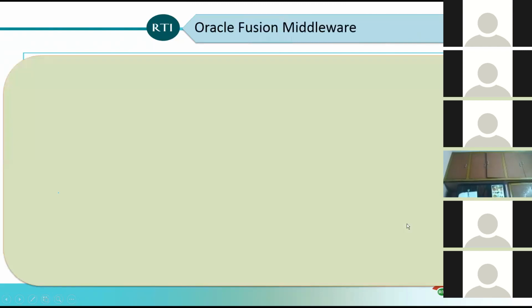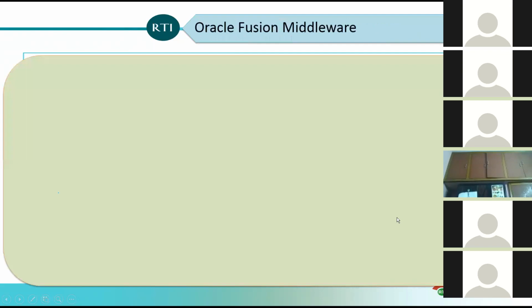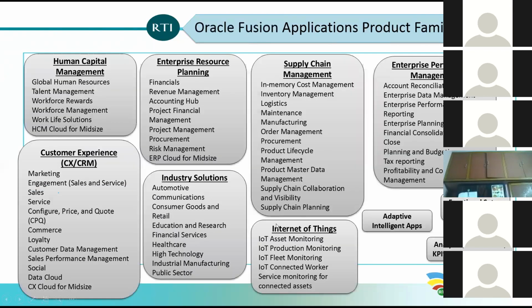Now coming to the Fusion middleware. We learned product families, and the next step is the Fusion middleware. Oracle Fusion middleware is not only for the product families. If you buy Fusion middleware, it's not necessary that you use only what the Fusion product families have.